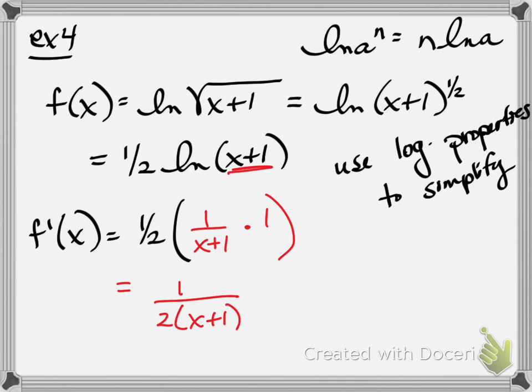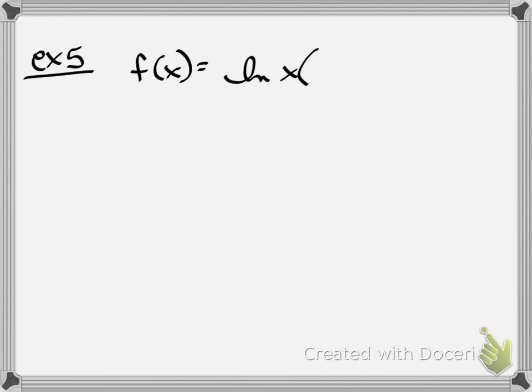All right, we'll do one or two more. Example 5. What if you have f of x equals natural log of x times x squared plus 1 squared over the square root of 2x squared minus 1?